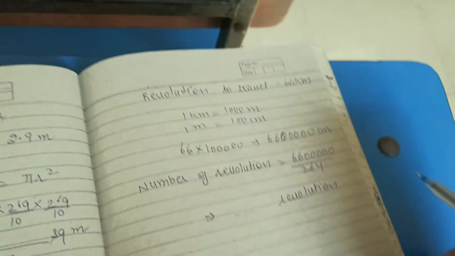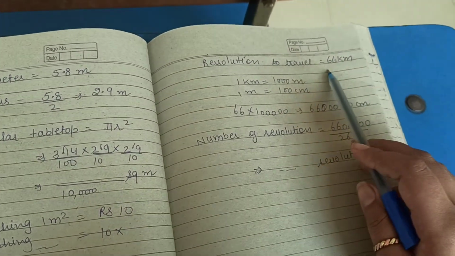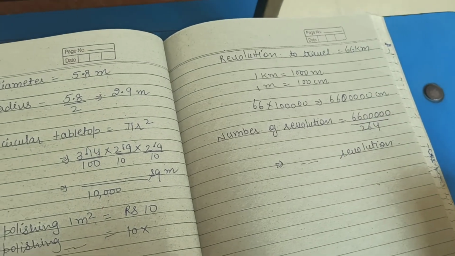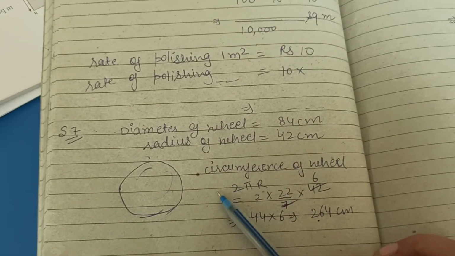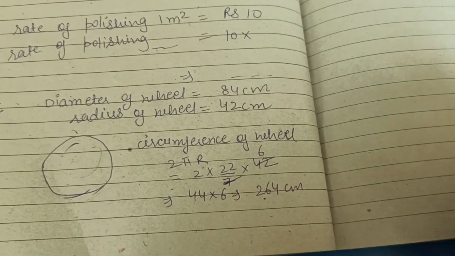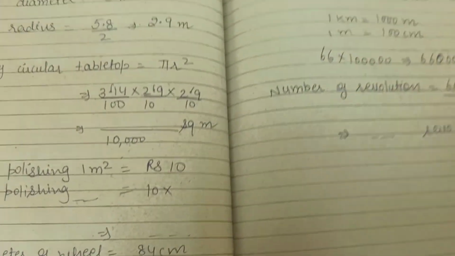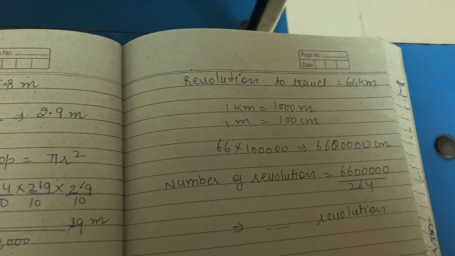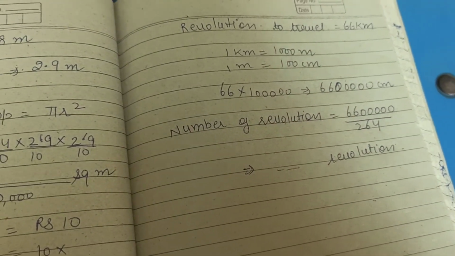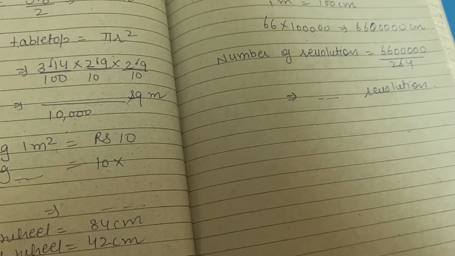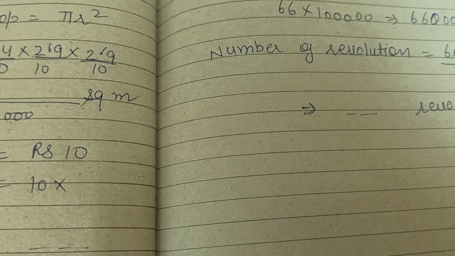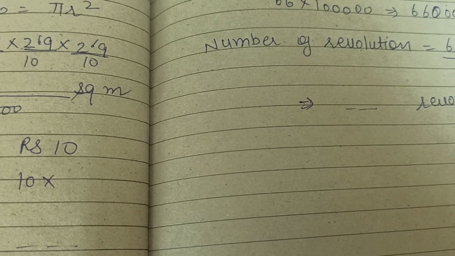Clear to all? In this question, the main part is the conversion of kilometer to centimeter. Right, students? So, when they are talking about just the revolution, it means you have to find the circumference, and when they are talking about painting something, it means you need to find the area. After this, the next question, that is S8. A circle of radius 3 cm is cut from a square piece of metal sheet.